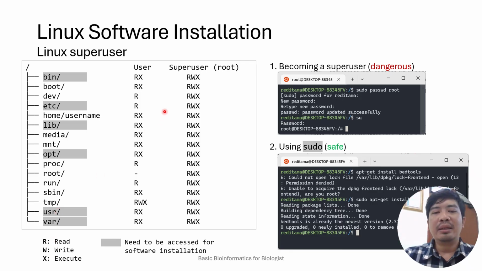But in Linux, we have some limitations for users. So we need super user access to install the software, because when we are only an ordinary user, we can only read or execute files.